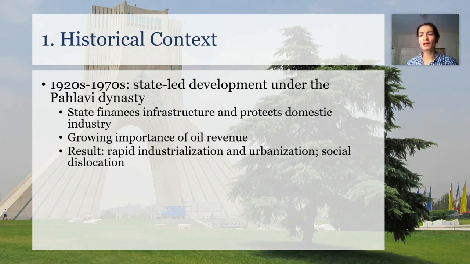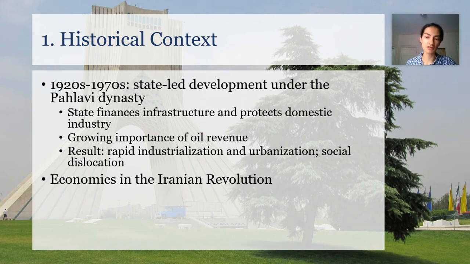In addition, the clergy, the religious elite in Iran, own a great deal of the most fertile farmland prior to the Shah's land reforms in the 1960s. And so they too have their pocketbooks hurt by the redistribution of land to farmers. And so the consequence is that there are some economic as well as some ideological, religious, and political factors which are going to contribute to people's willingness to participate in the Iranian Revolution in 1979.